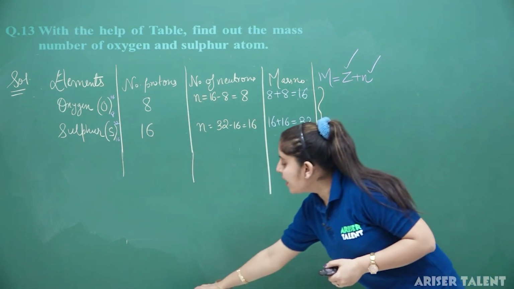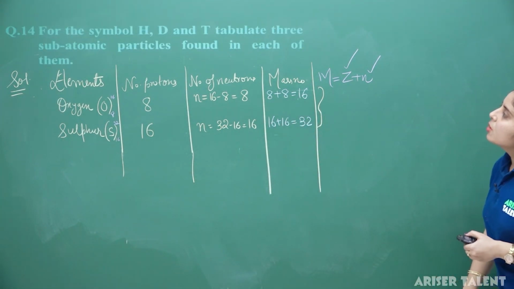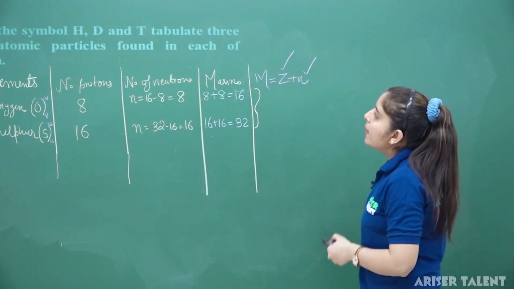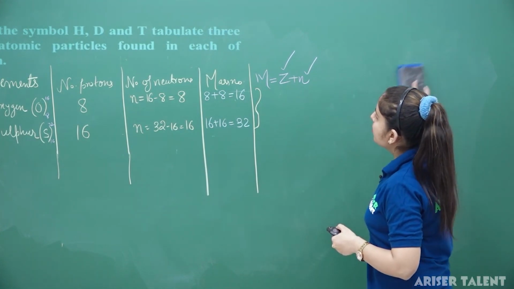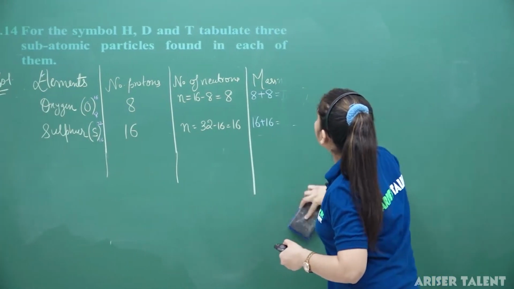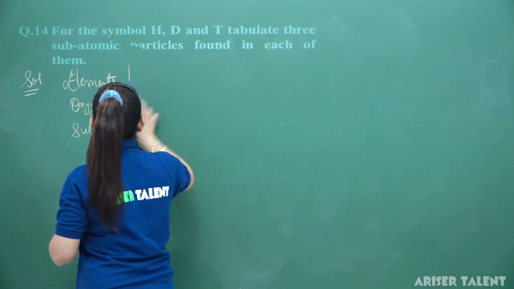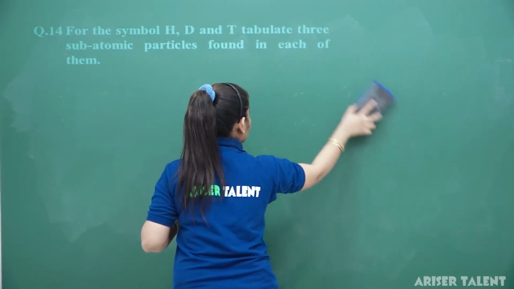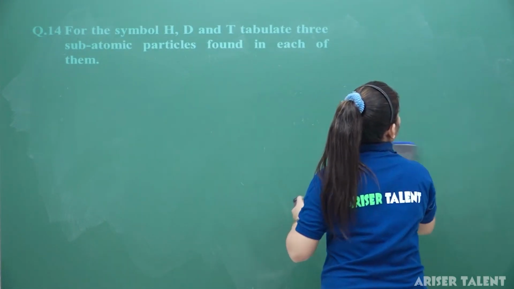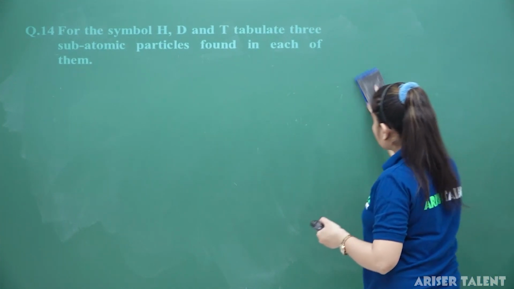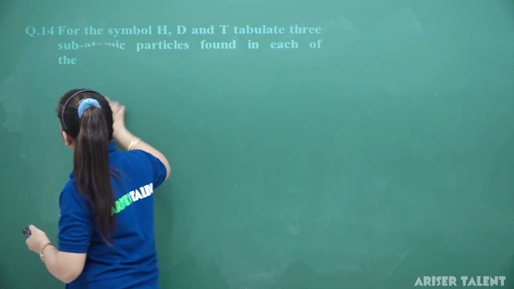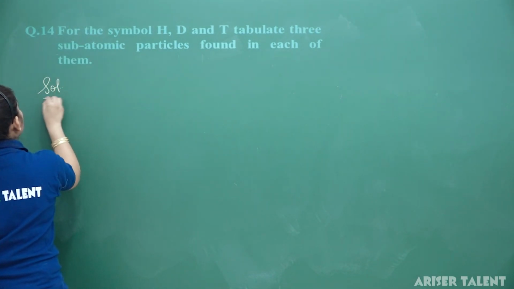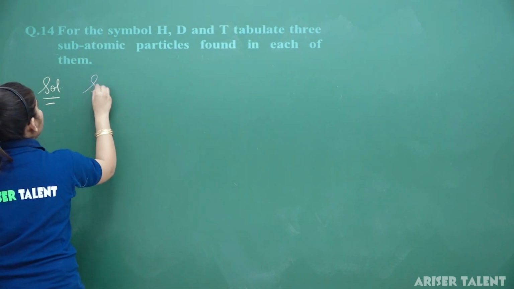Now we are with our next question, that is question number 14. For the example of H, D and T, tabulate the 3 subatomic particles for each of them. Now we want to tabulate for H, D and T. Firstly, we will write symbols.